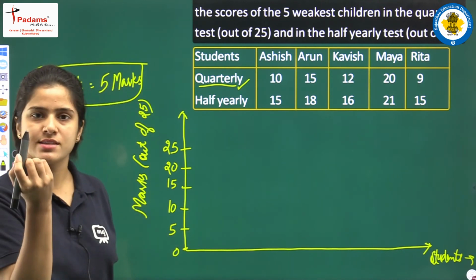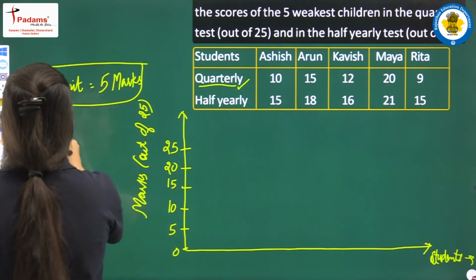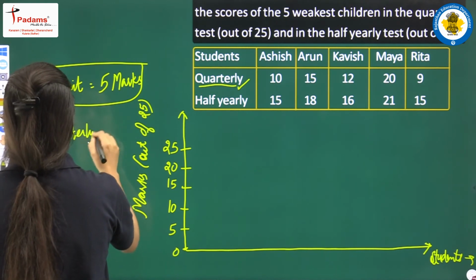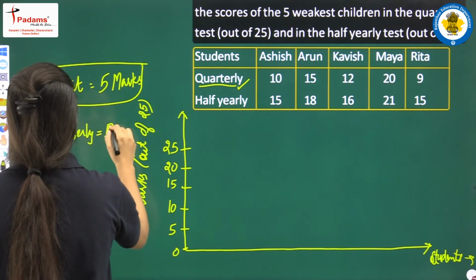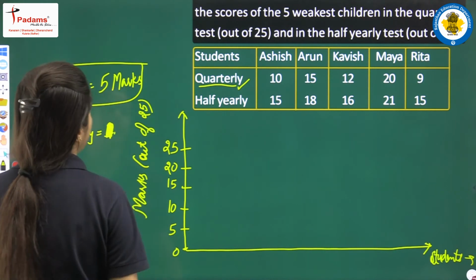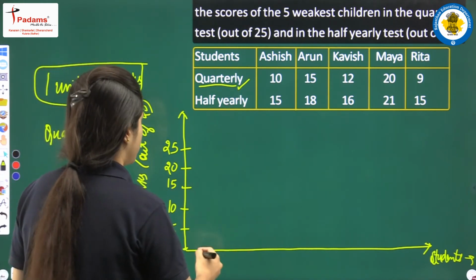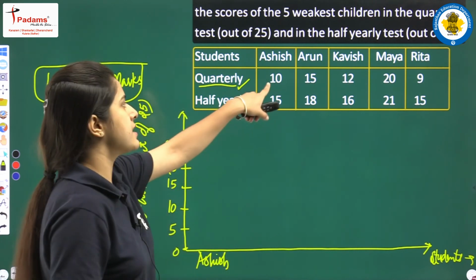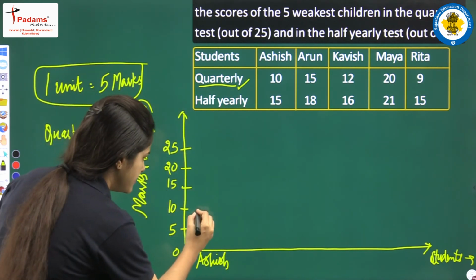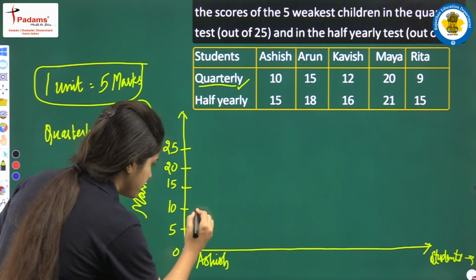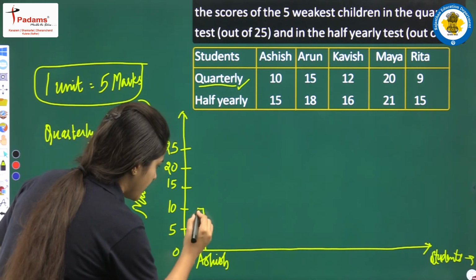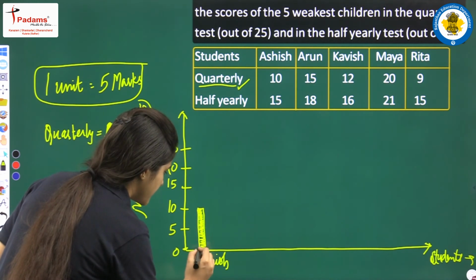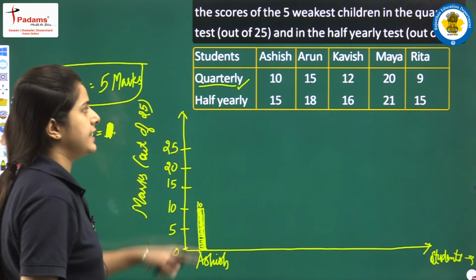Firstly I am considering only the quarterly, with the help of this yellow marker. Ashish is getting 10 marks, so 10 is lying here. Ashish is getting 10 marks in the quarterly exams.